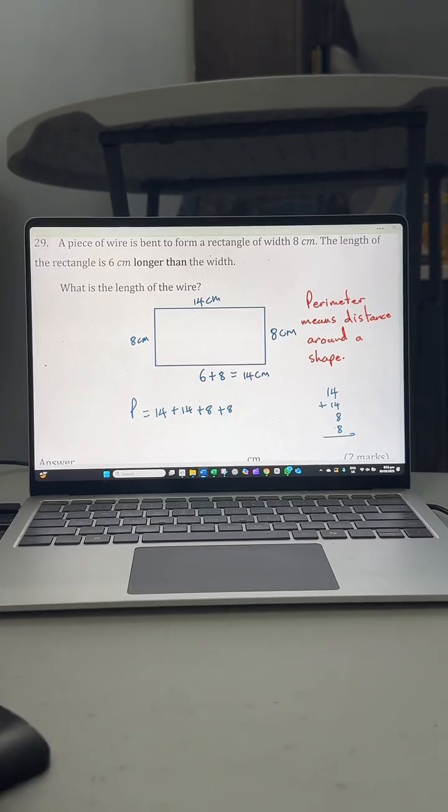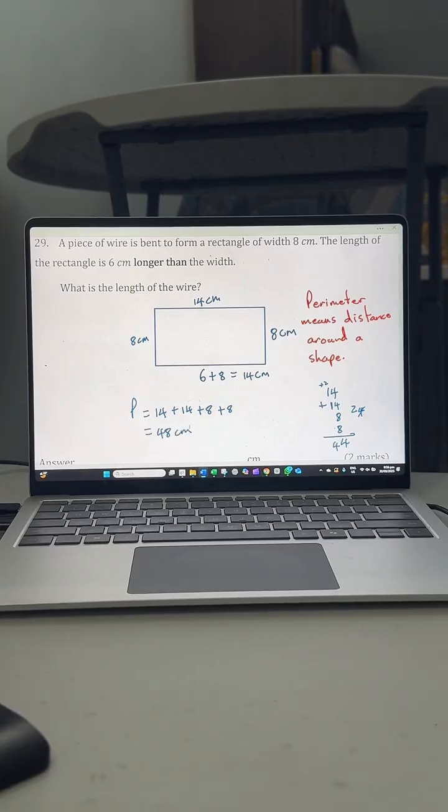So 4 and 4 is 8. 8 and 8 is 16. 16 and 8 is 20. You put the 4 here, you add the 2 here. 2 and 1 is 3. 3 and 1 is 4. 48 would be the length of my wire.